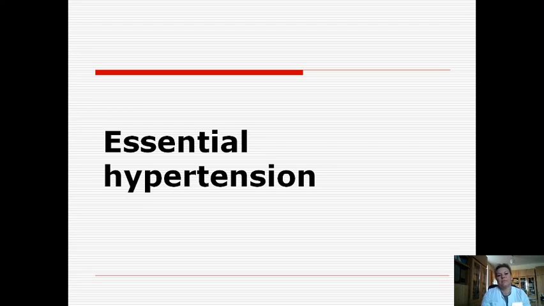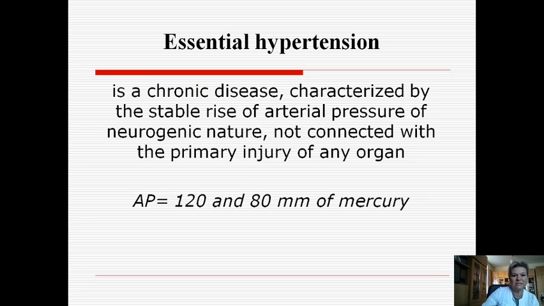The next disease, essential hypertension or hypertensive disease. What is this hypertensive disease? It's a chronic disease characterized by a stable rise of arterial pressure of neurogenic nature, not connected with a primary injury of any organ. What does it mean? We see a neurologic cause of hypertensive disease.